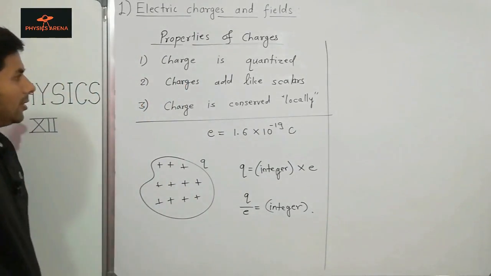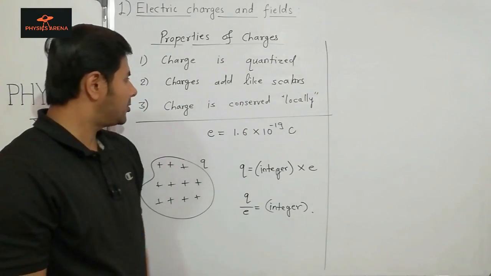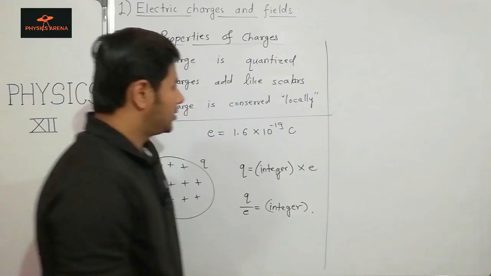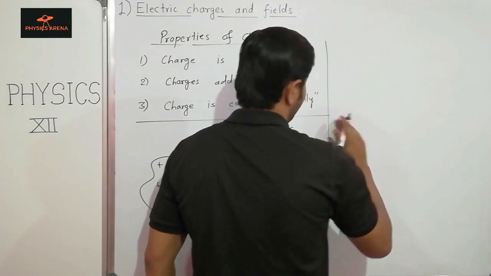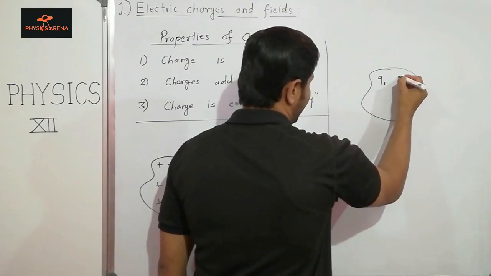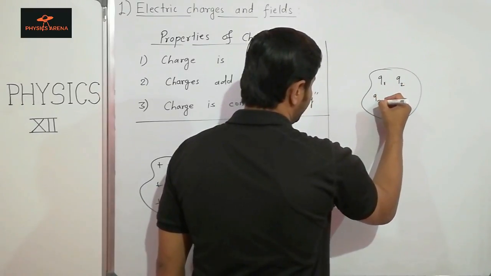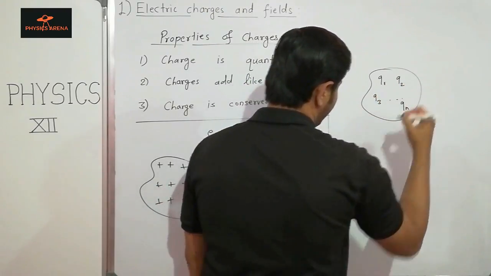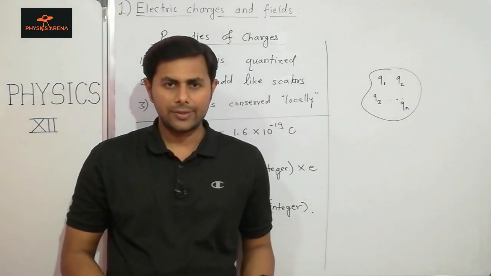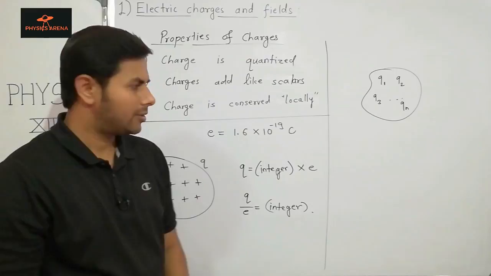Anyways, let's see property number 2: charges add like scalars. Suppose we have some body and there are n number of charges, Q1, Q2, Q3 up to Qn. One may ask, what is the total charge inside that body?